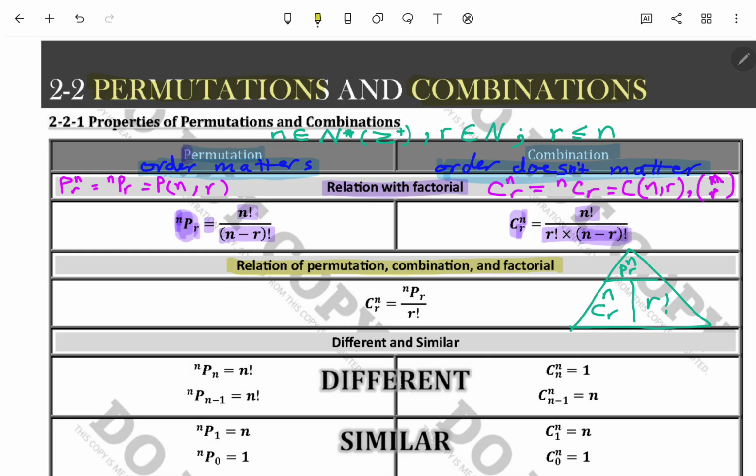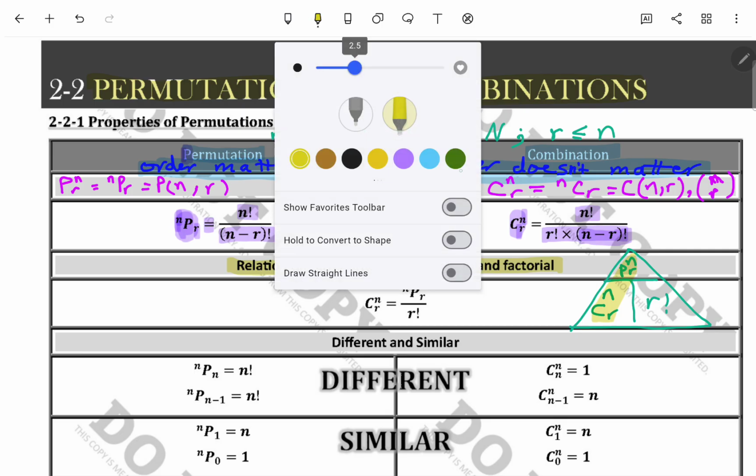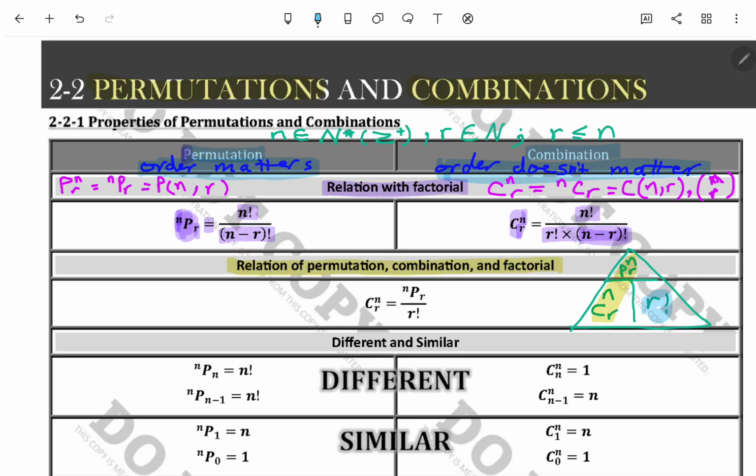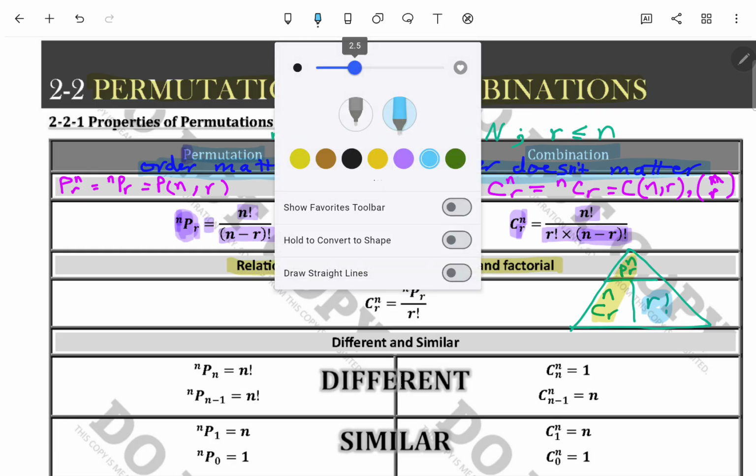So if you want to find, for example, n permutation r divided by n combination r, you will get finally r factorial, which is here. And if you want to find n permutation r divided by r factorial, you can get n combination r, like this.